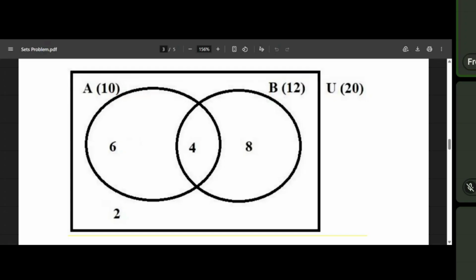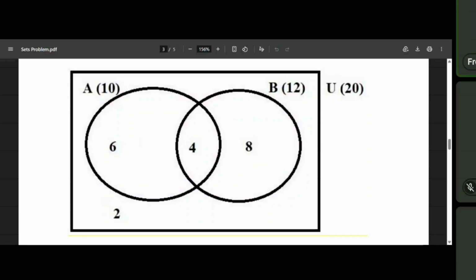B. There are 4 elements in A and they also belong to B. The 6 tells you that there are elements that belong only to A. They belong only to A. Exactly A, nothing else. The 8 is saying these are elements that belong to only B and nothing else.